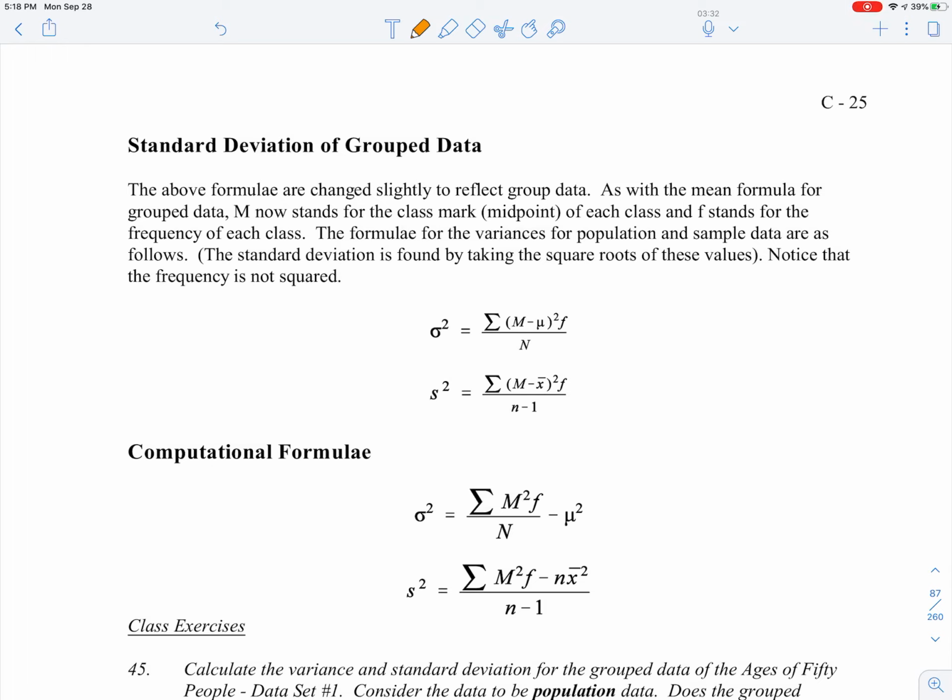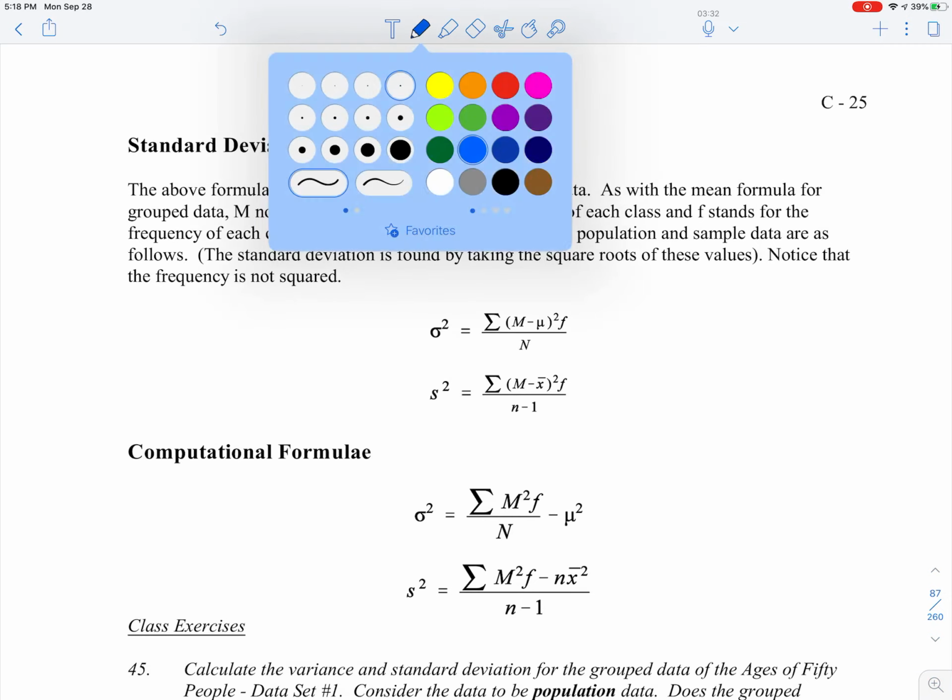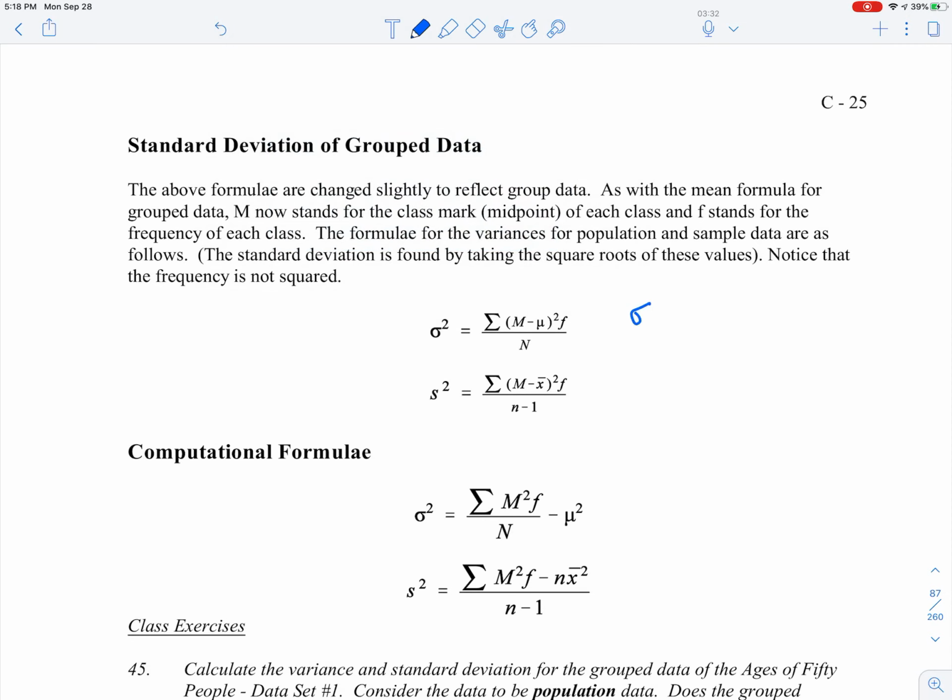So what we're doing here is, if you take a look at the original formula that we had, which I'm going to just write out here, for calculating a population variance, and this is for the ungrouped data, this is what the thing looked like.